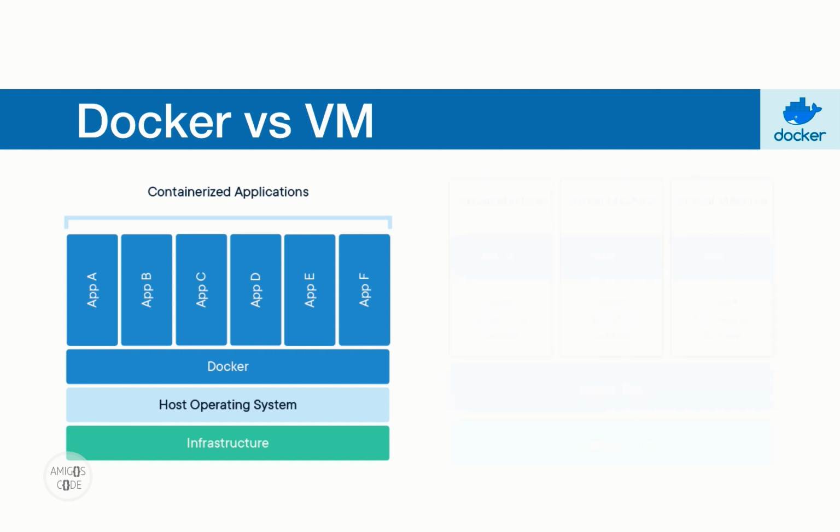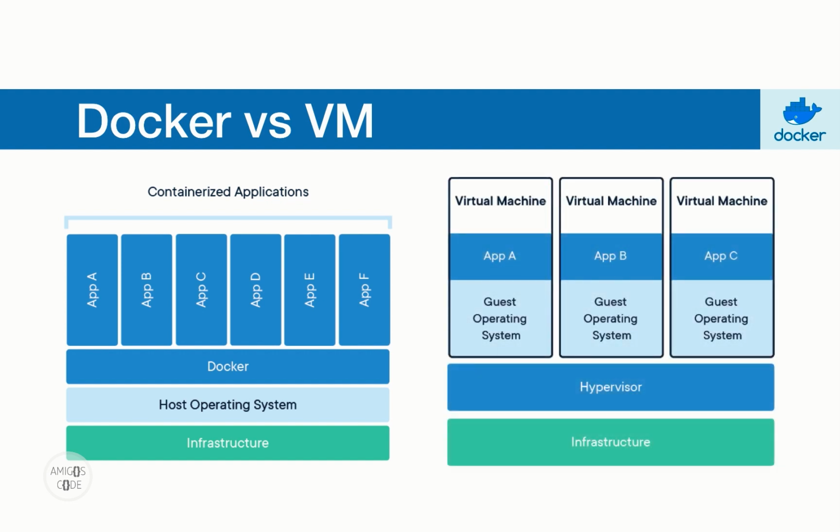In contrast, with a virtual machine, you have the infrastructure. On top of that, you have the hypervisor, and this allows one server to be turned into multiple servers. And you can see that each virtual machine requires a full guest operating system. So this is the fundamental difference between Docker and virtual machines.